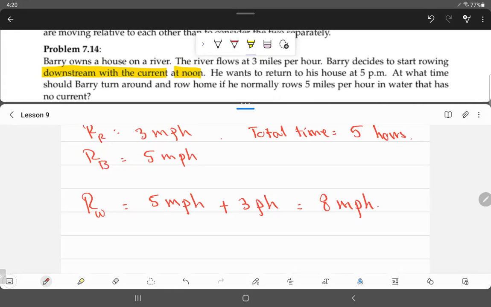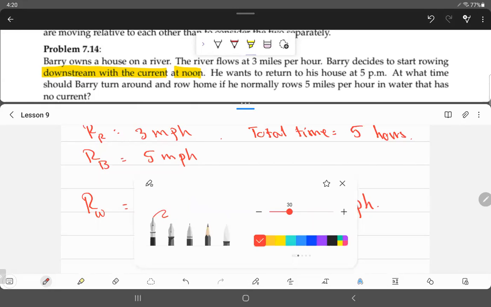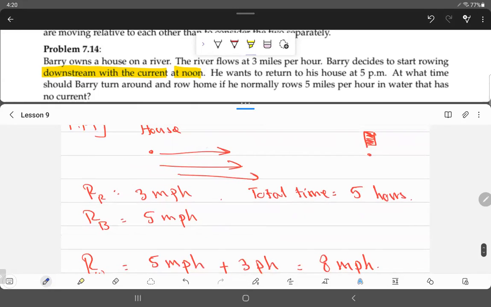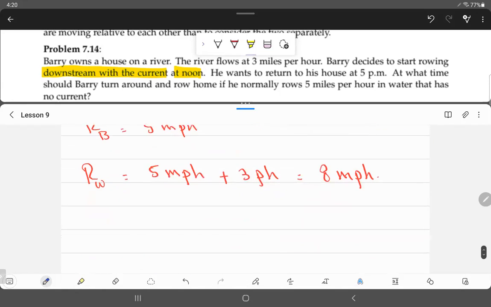This is important. He's rowing with the stream. His rate is 5 plus 3, the current, so it's added to him. They're both in the same direction, so it's going to be 8.